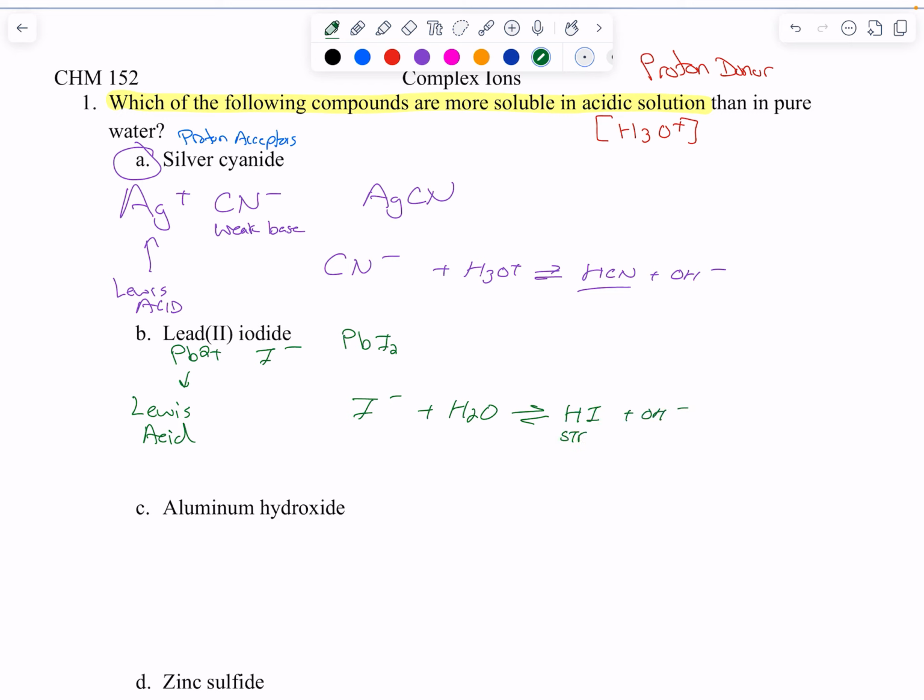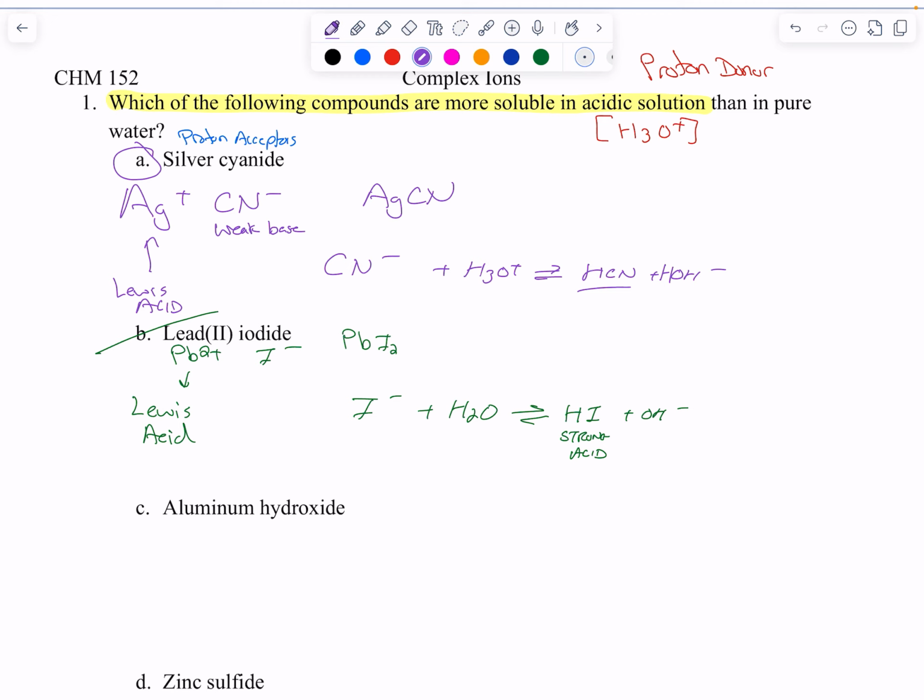This is a strong acid. So B does not react with an added acid, and so that's not going to happen. Well, I have a mistake here. Again, I'm doing this to you guys. This should be HOH.